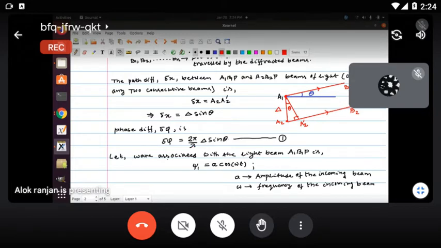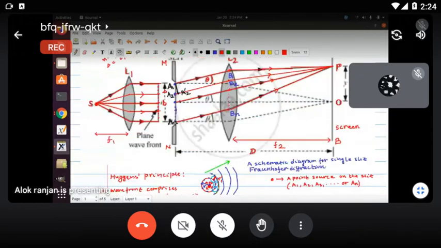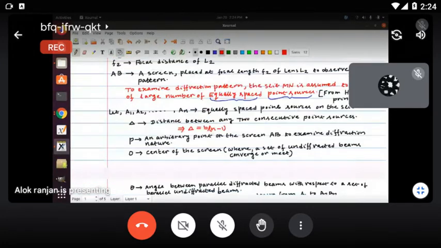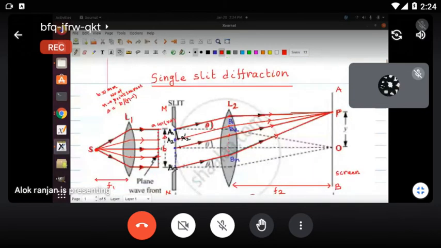Let the wave associated with the light beam A1 B1 P be A cos omega t, where A is the amplitude of the incoming beam and omega is the frequency of the incoming beam. Then immediately you can figure out the wave function associated with A2 B2 P, because you simply add the phase difference, which is 2 pi over lambda delta sine theta.